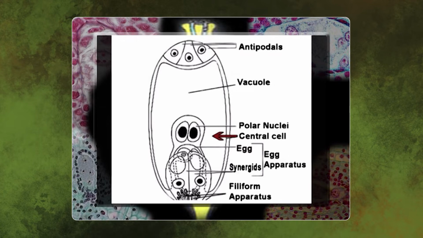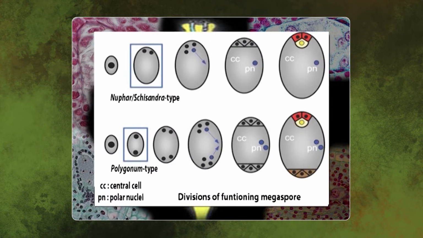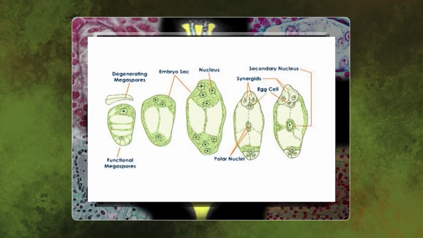This monosporic 8 nucleate embryo sac formed by 3 divisions of the functioning megaspore occurs in more than 70% of the angiosperms. The enlargement of the megaspore is always accompanied by increased vacuolation, one large vacuole usually appearing on either side of the nucleus in the direction of the long axis of the cell.